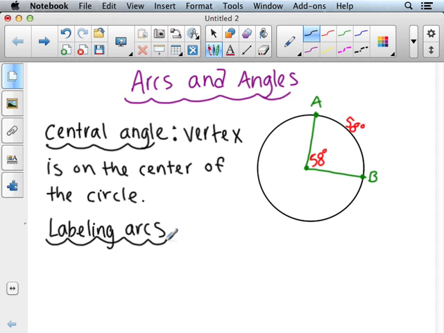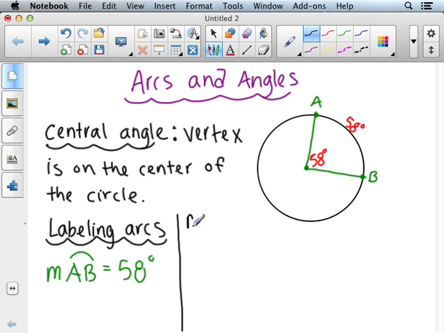So this arc here, we would say AB, and I could say that the measure of arc AB equals 58 degrees. Why would I say this is a minor arc? What's the difference between a minor arc and a major arc? Well, a minor arc has a measure less than 180 degrees, and a major arc has a measure more than 180 degrees.